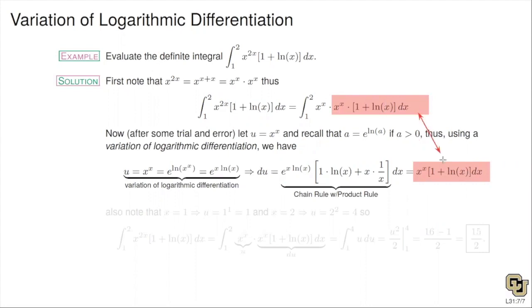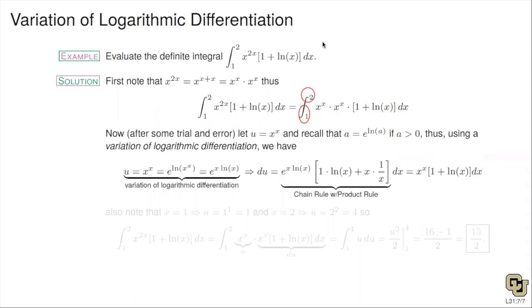And so this part will completely be converted into du, and there's still another x to the x that will be converted into u. And so this shows we will be able to convert the integrand completely into the u variable. We just have to also convert the bounds. So let's not forget, the bounds are going from 1 to 2.